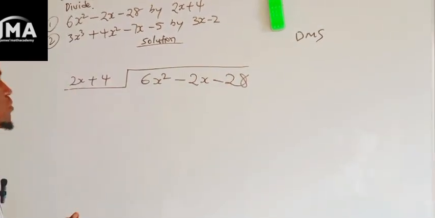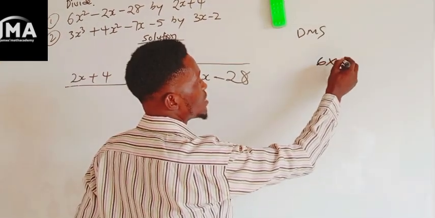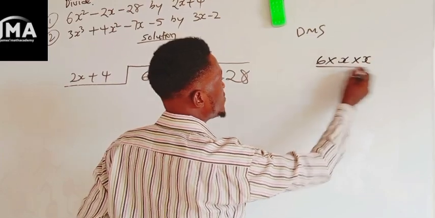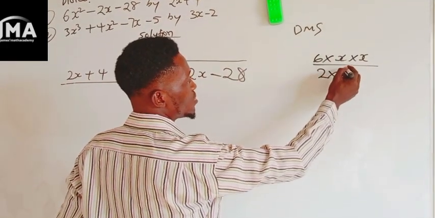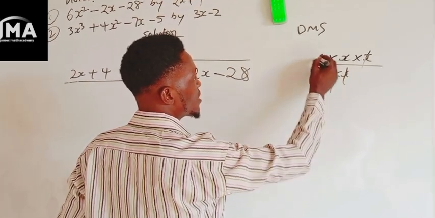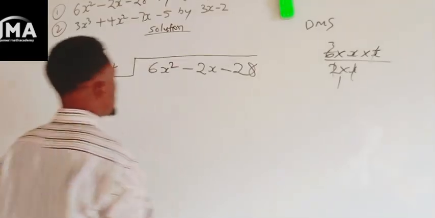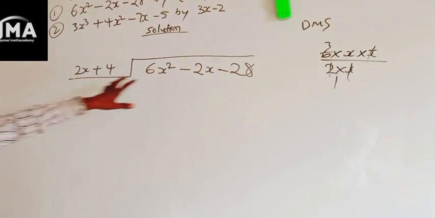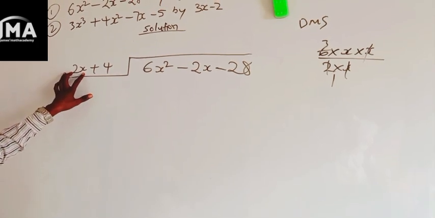So what we're going to do: 6x squared is 6 times x times x, divided by 2x, which is 2 times x, ain't it? So x cancels x, 2 cancels into 6 to give 3. So 3 times x is 3x. So when 6x squared is divided by 2x, we have 3x, isn't it?